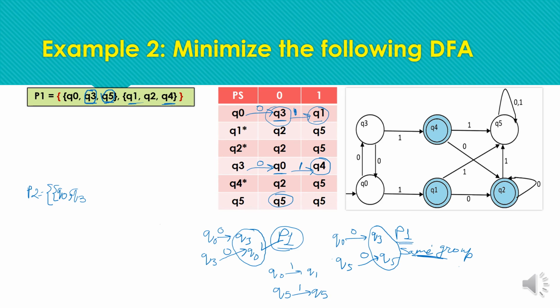So the resulting states are Q1 and Q5, and we can check that Q1 belongs to the group of final states in partition 1 and Q5 belongs to the group of non-final states in partition 1. As Q1 and Q5 are part of different groups, Q0 and Q5 are not compatible for input symbol 1.